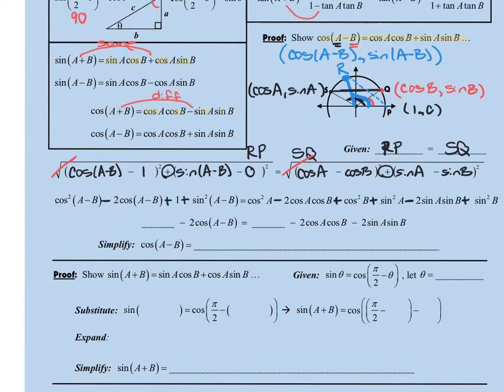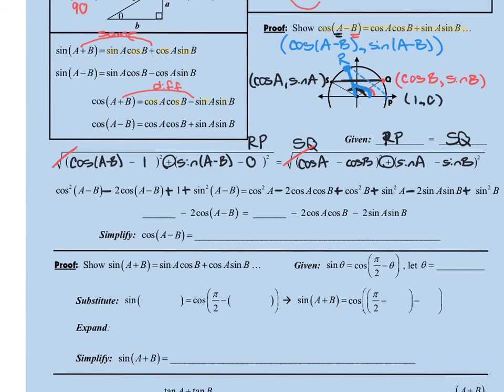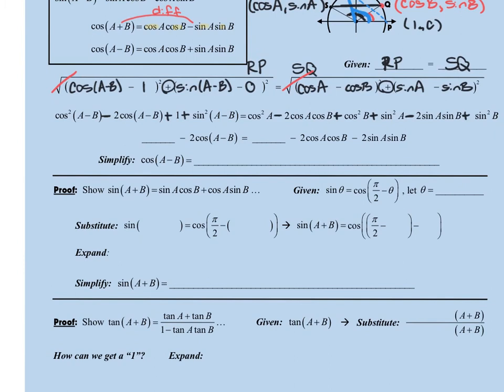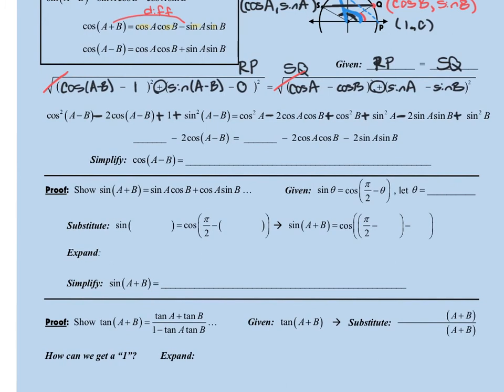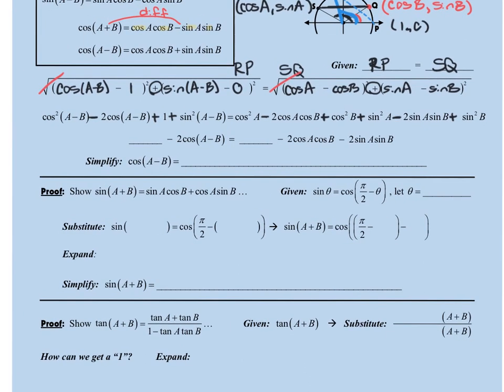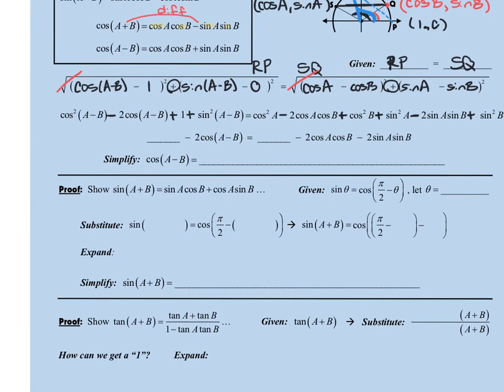Now, this looks really crazy at this point, but now things are going to really start to clean up for us. So as we start to clean up, we're going to start to use our Pythagorean identities here. What we're going to notice is that we have this cosine squared A minus B and this sine squared A minus B. Well, cosine squared plus sine squared is just a 1.